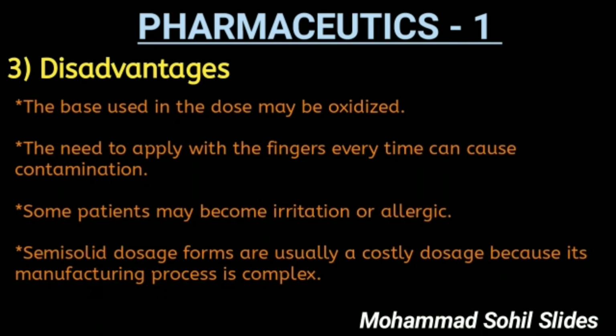The base used in the dosage form may be oxidized. The need to apply with the fingers every time can cause contamination. Some patients may become irritated or allergic. Semi-solid dosage forms are usually a costly dosage form because the manufacturing process is complex.